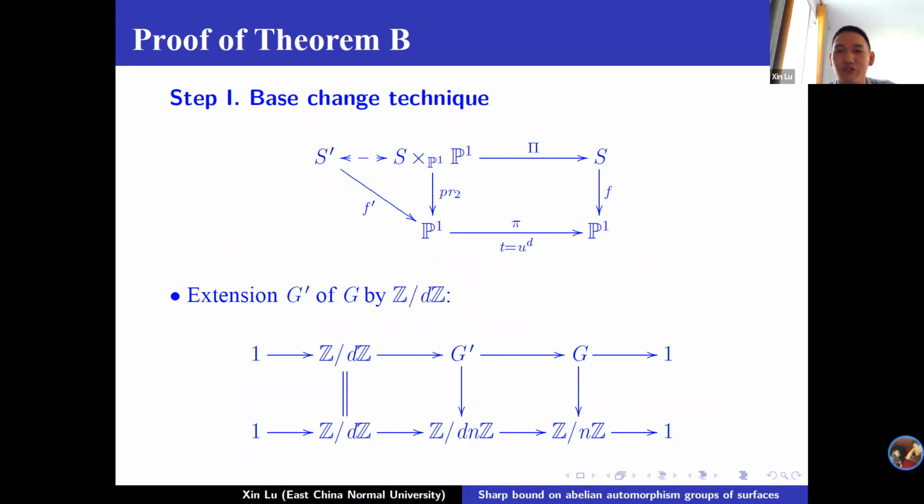Then it is enough for us. I mean, we take D sufficiently divisible so that the new fibration has semistable fibers over 0 and infinity. Okay, thanks. Thank you. Any questions?